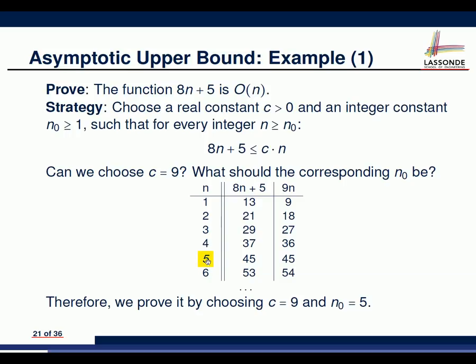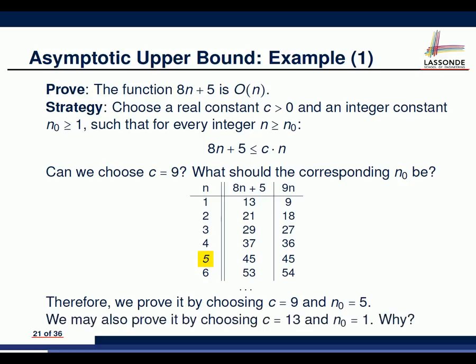Now, another question for you. We can also prove the same claim by choosing c to be 13 and n0 to be 1. So that means there's more than one way you can prove a claim. How do we see that over here? When c is 13, we're going to say 13n in the table, right?